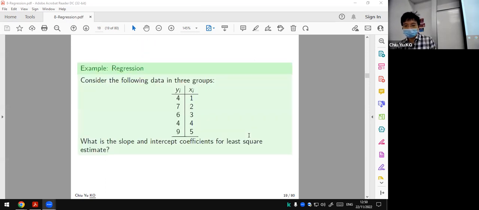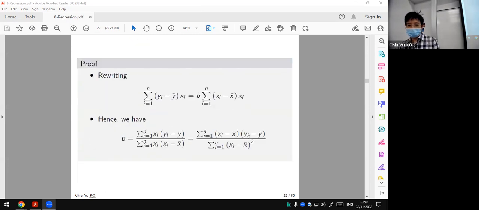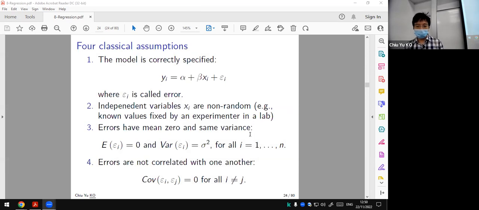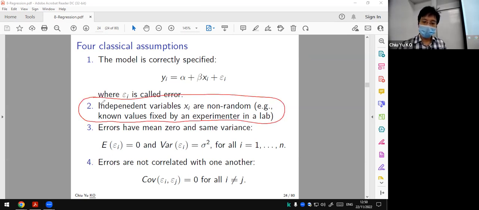After that, we know the 4 assumptions we have. One of the additional assumptions compared to ANOVA is assumption 2, because now we have X. The reason X is non-random is to make the math easier to handle. If not, things become much more complicated.